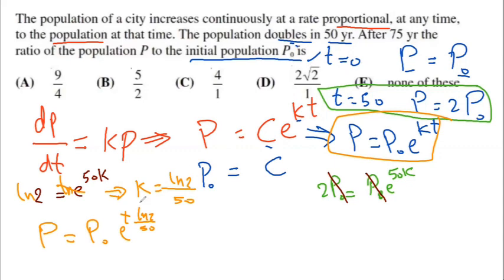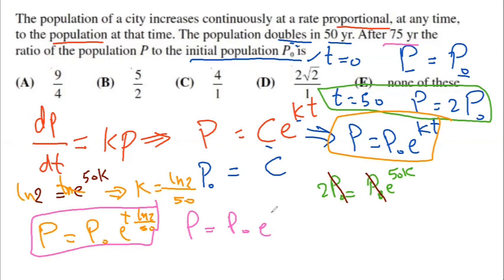So this is the particular solution that we will use to substitute after 75 years. After 75 years, so at t equals 75, p will equal p naught e power 75 ln 2 over 50.